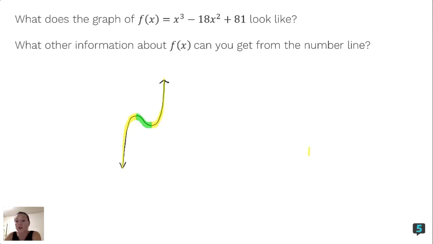Okay, I totally agree with you, Sierra. The slope is 0, and so that means that's happening at my critical numbers. What else? Does anybody have any other thoughts about what those particular points are in relationship to this graph?